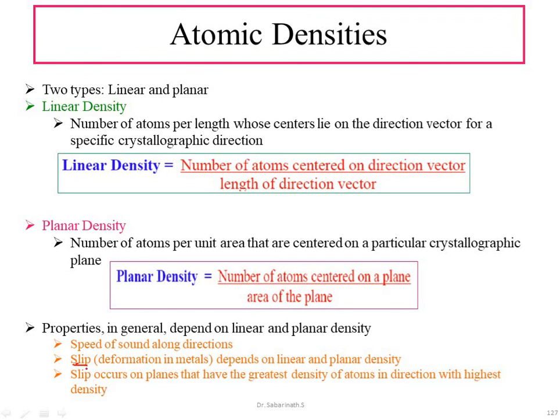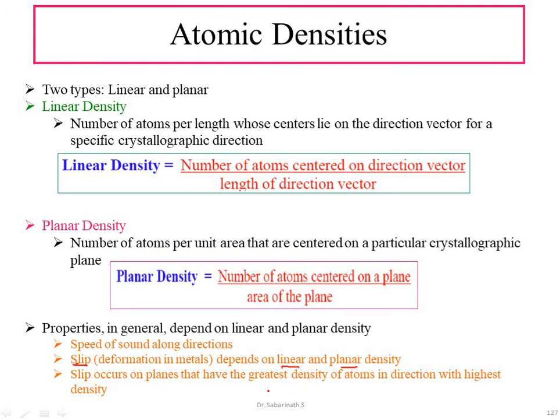Due to slip, some atomic layers will deform from one position to another. We will explain this slip in terms of linear or planar density, because slip occurs along a line or a particular plane.